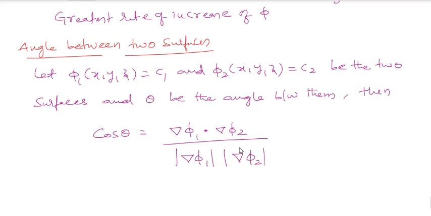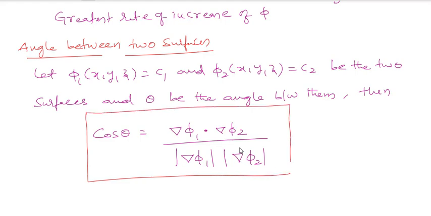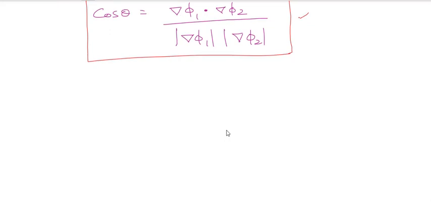This is the angle between the two surfaces. Clear? Simple strategies. So we'll solve a problem based upon that, so you'll have an idea. So let me take a problem.